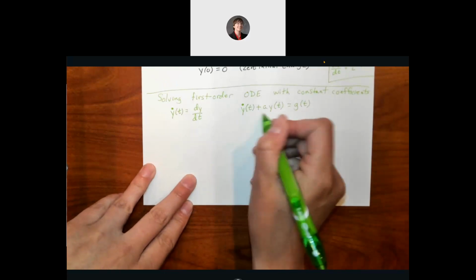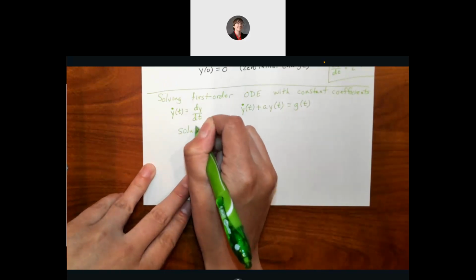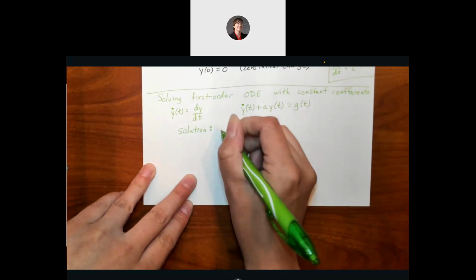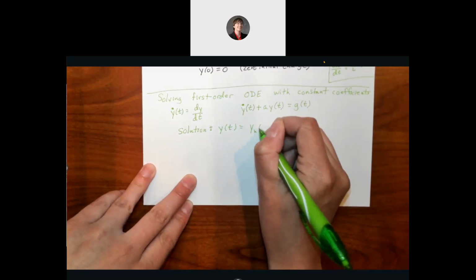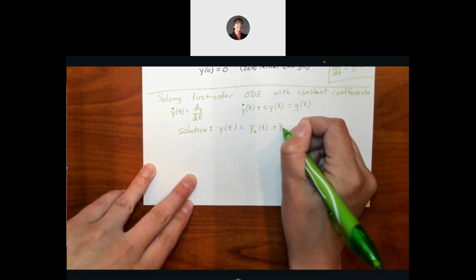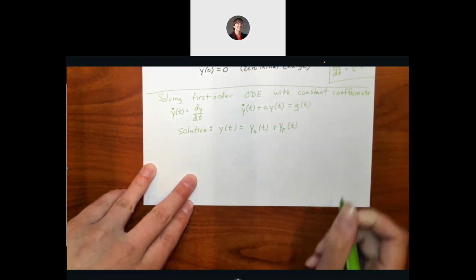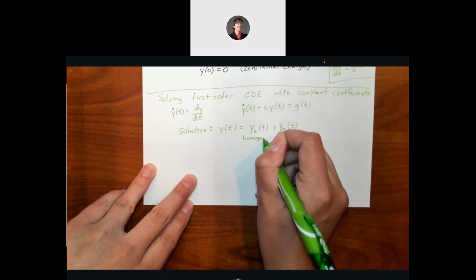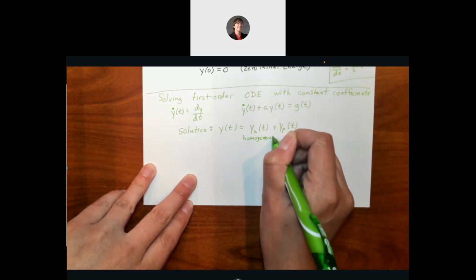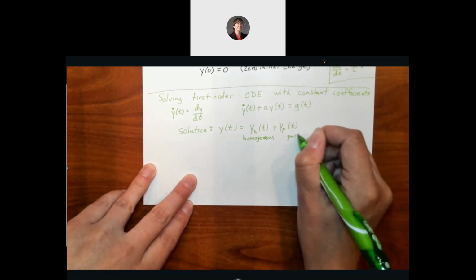If you have something that looks like this, then your solution, y of t, is going to be composed of two parts, a y_h and a y_p. We refer to this as the homogeneous part and this as the particular.